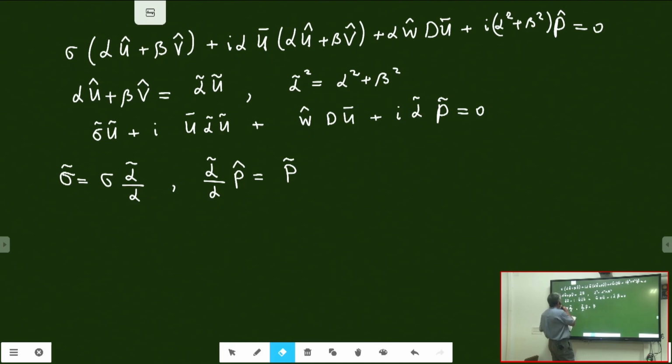So now we have a mixture of tilde quantities and hat quantities, right? So we still have w hat, right? So what I will do, I will formally declare that they are the same. And if I do so, that becomes tilde.